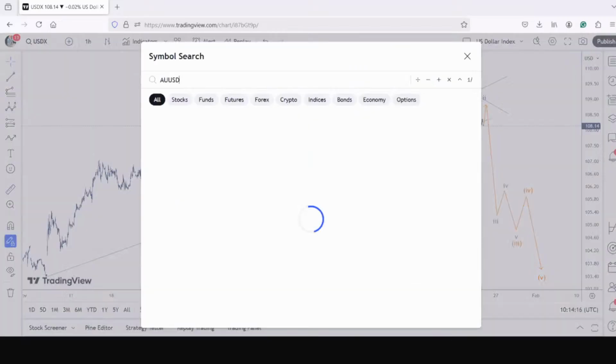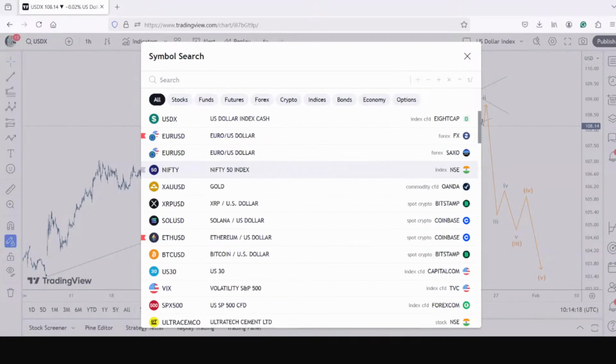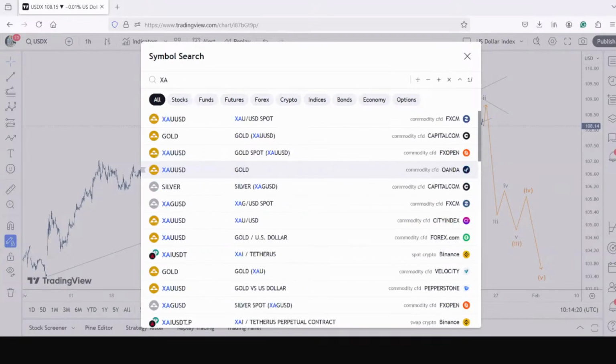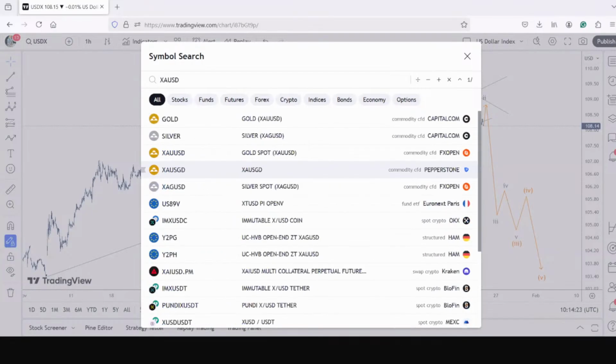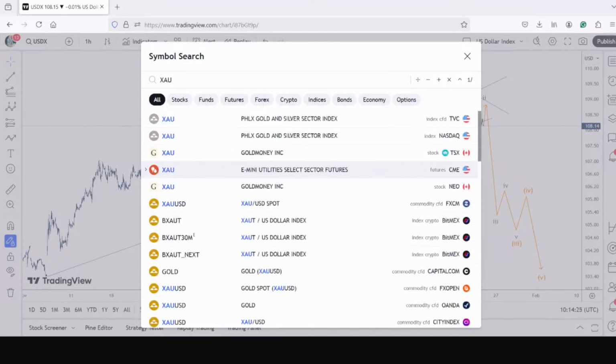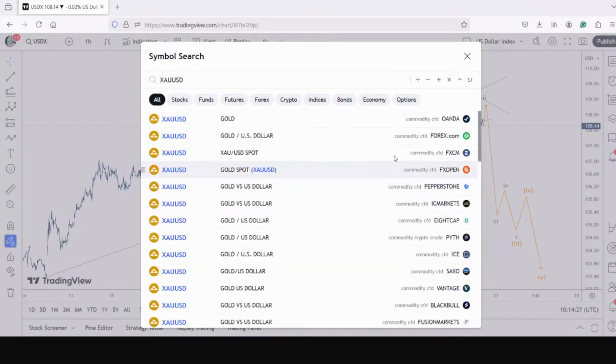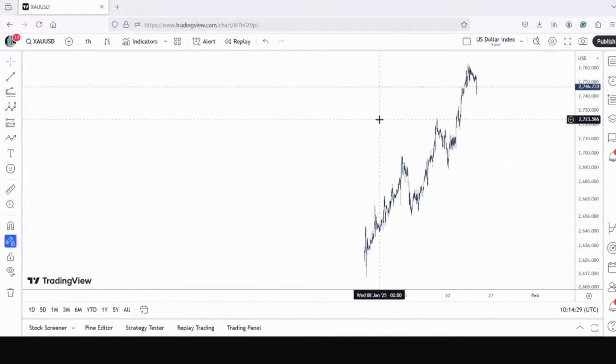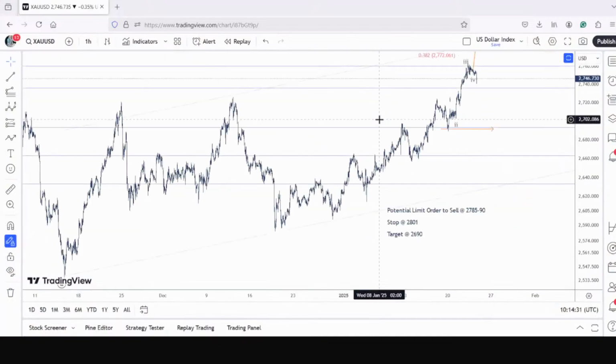Now the interesting story is gold, because most of the traders now are interested to know what the metal is wanting to do and why is it not turning if it's supposed to turn. Okay, now I need to zoom out a bit, zoom in a bit, sorry.